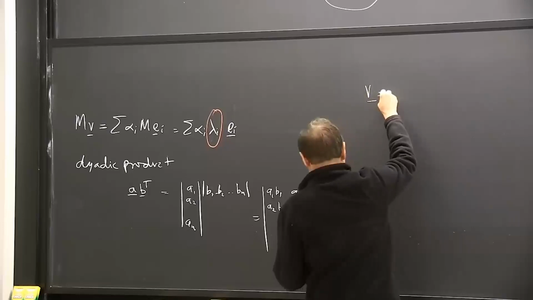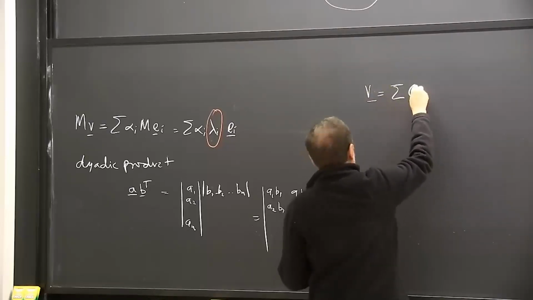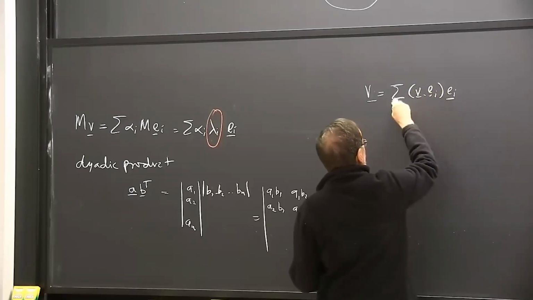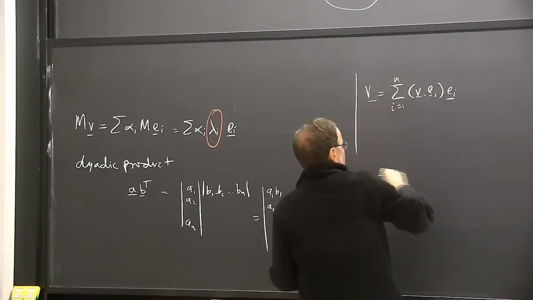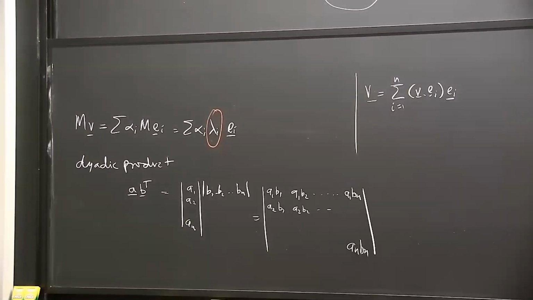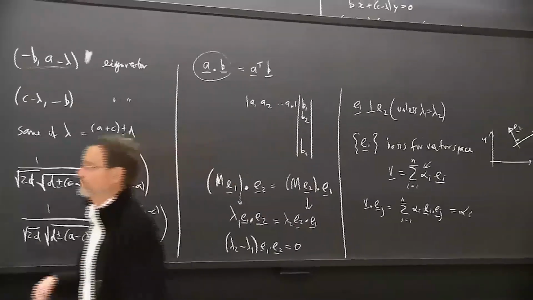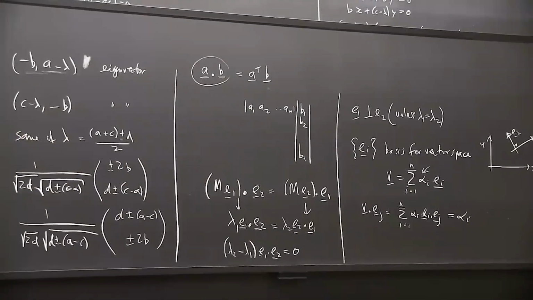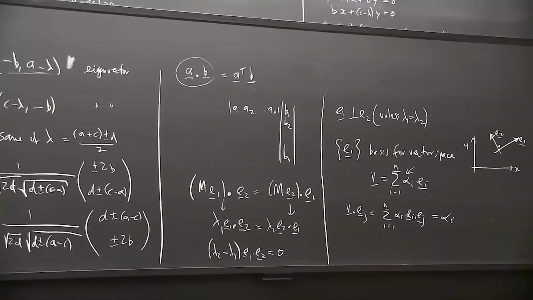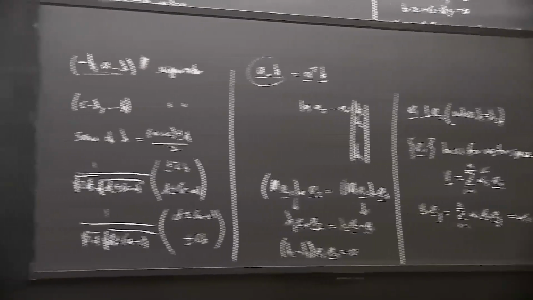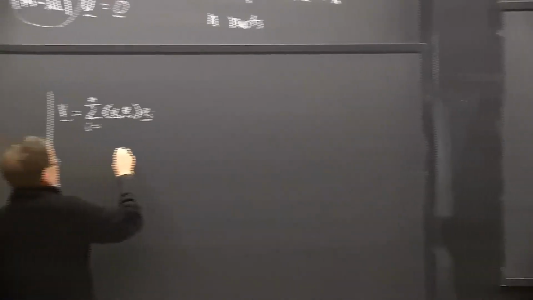So we got V, we expanded it right over there, we said that because these eigenvectors form a basis, we can express an arbitrary vector in terms of it. And then we found the actual weights. And when we plug that in, we get this formula. And so we can now rewrite that in various ways.